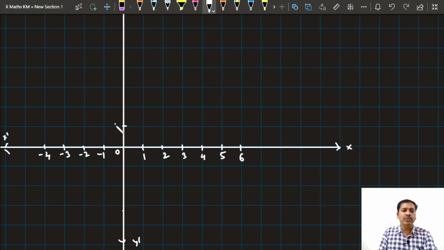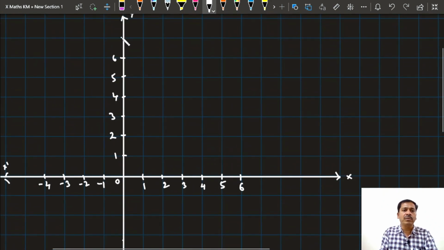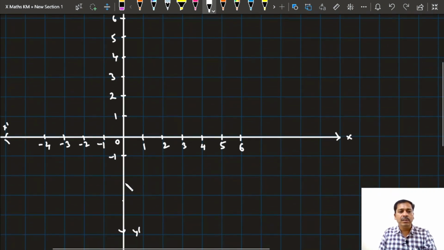Here this is the positive y-axis, 1, 2, 3, this is 4, this is 5, 6, and then one more point is needed for us. 7 is also needed. Up to 7 you take here, it is enough. Below, up to 4 it is needed here. This is minus 1, and then this is minus 2, this is minus 3, and then this is minus 4.